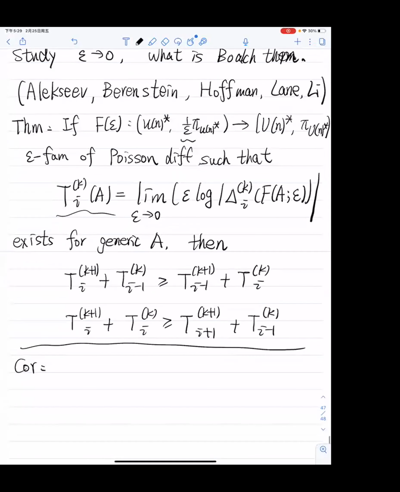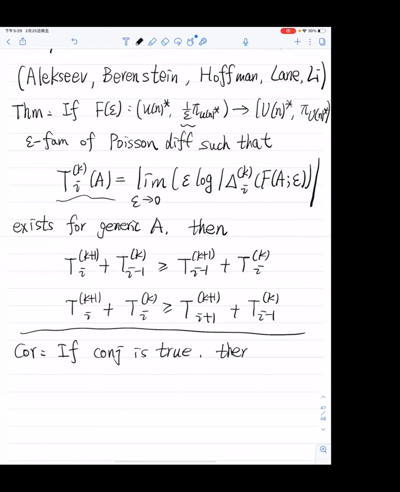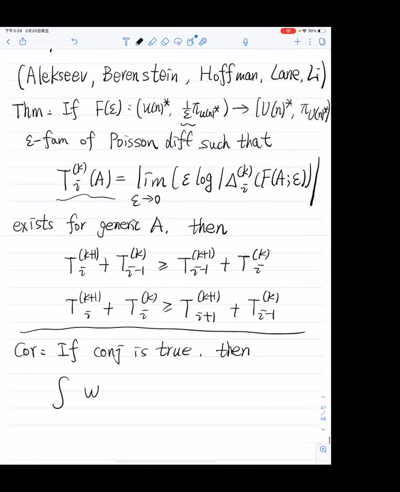We see that if our main conjecture is true, then the periods must satisfy these Rhombus inequalities.